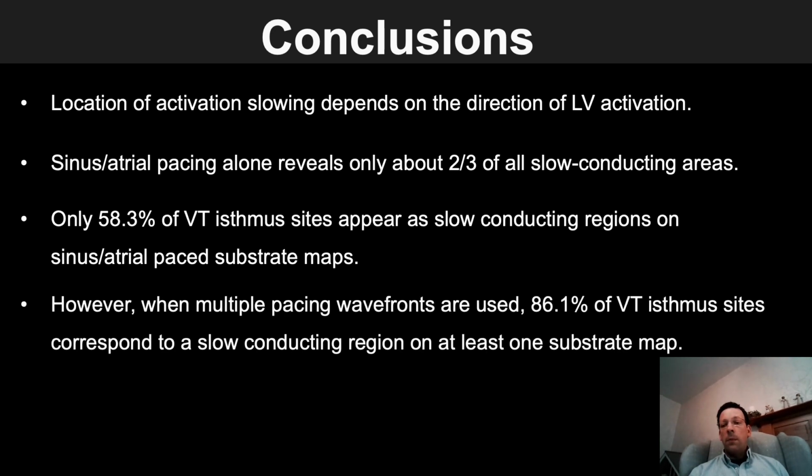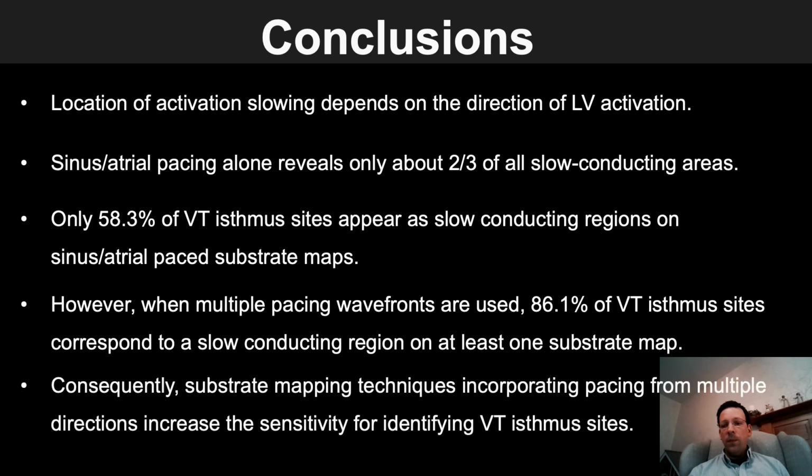However, when multiple pacing wavefronts are used, as many as 86.1% of VT isthmus sites correspond to a slow conducting region on at least one of the substrate maps. Therefore, substrate mapping techniques incorporating pacing from multiple directions increase the sensitivity for identifying VT isthmus sites.